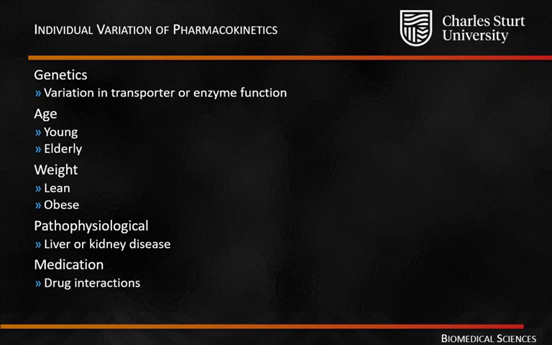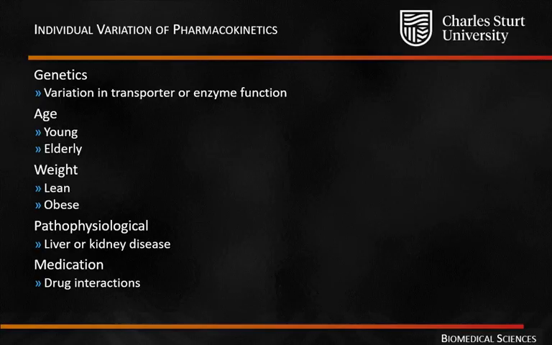So genetics can affect how well a transporter works and what it recognizes. There are changes to enzyme function, so you can actually have enzymes that are not expressed in patients at all, or you might have twice as many of those enzymes expressed, or it just may not be as an efficient enzyme because of genetic variation.